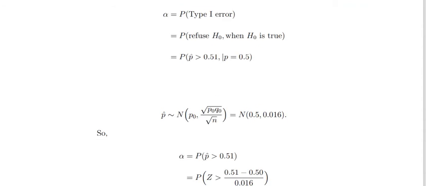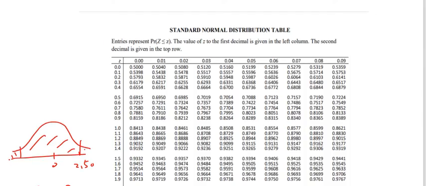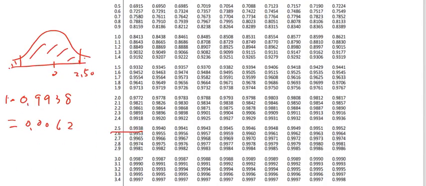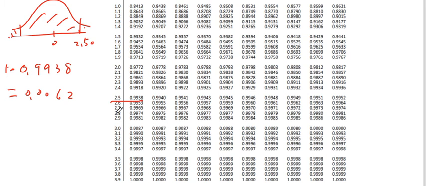We check 2.78, but we need to use 1 minus here. For 2.7 and 8, this is 0.9973, so we have 1 minus 0.9973, which equals 0.0027.